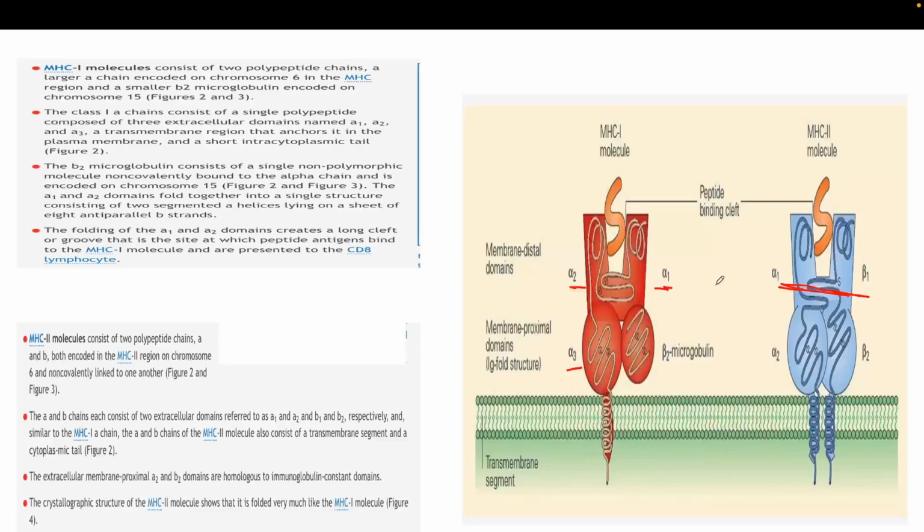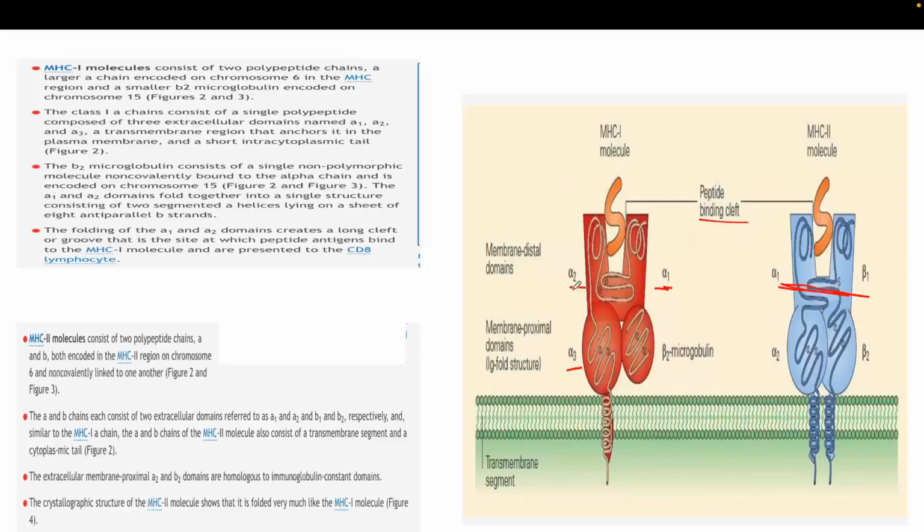Okay, all the structure is almost similar, just you have to remember here only beta 2 microglobulin is there, here it is not present, meaning all the four domains have equal size, but here it has a smaller size. Okay, and on the outer side there is alpha 1 alpha 2, and here the outer side is beta 1 alpha 1. Okay, so these two make the peptide binding cleft.